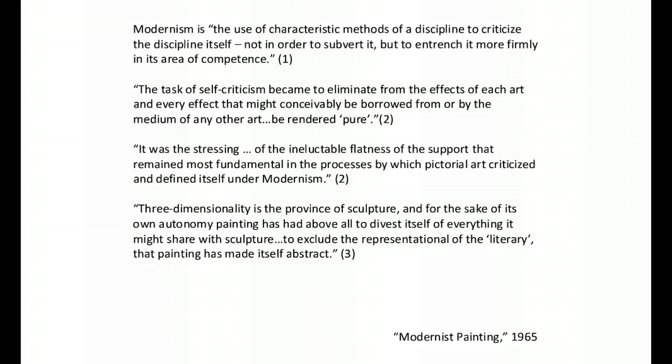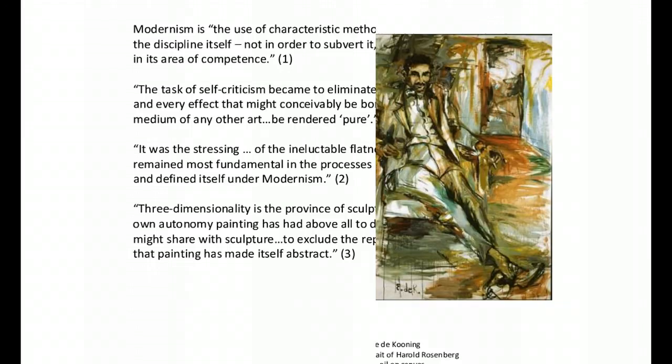"The task of self-criticism became to eliminate from the effects of each art any and every effect that might conceivably be borrowed from or by the medium of any other art." Basically, what that boils down to is painting is about painting, sculpture is about sculpture. Those two things should not be together. Then there's a few more things, but I'll let you go through that at your own time.